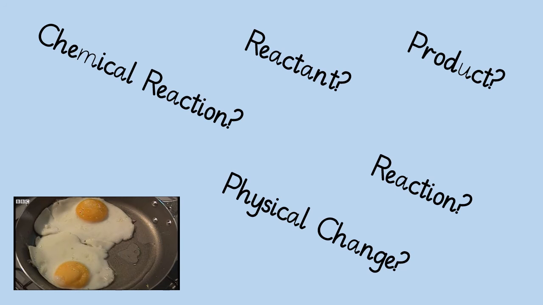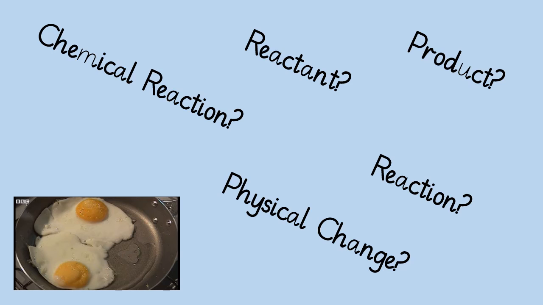So now that we've watched the video, we can look at some of these key ideas: chemical reaction, reactants, product, reaction, and physical changes. And some of these were our key vocabulary from before. Well, first off, we've got reactant and product. You'll remember from the video that each chemical reaction starts with reactants. And those are the things that react together to create the new product.